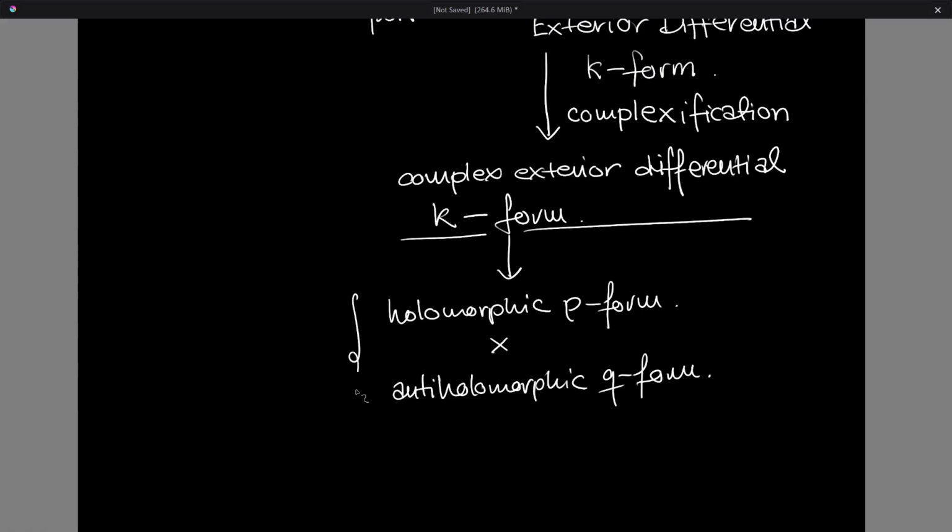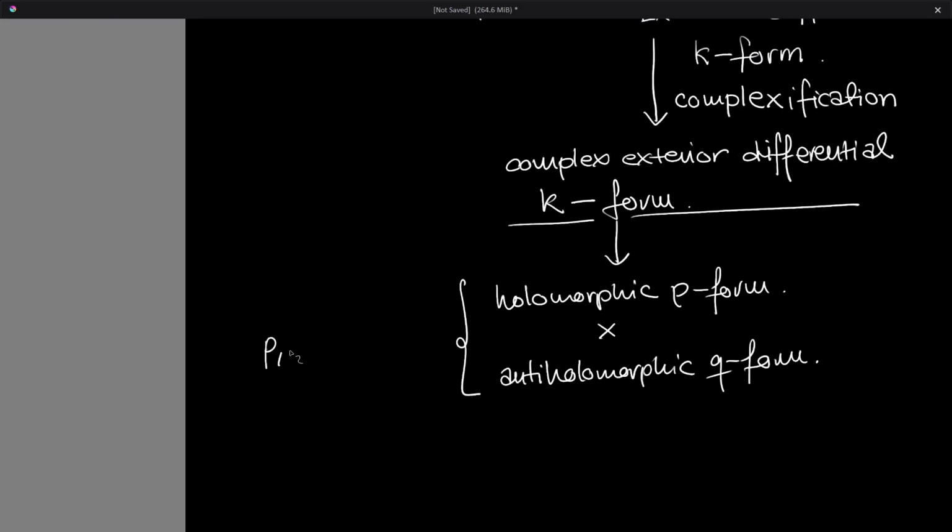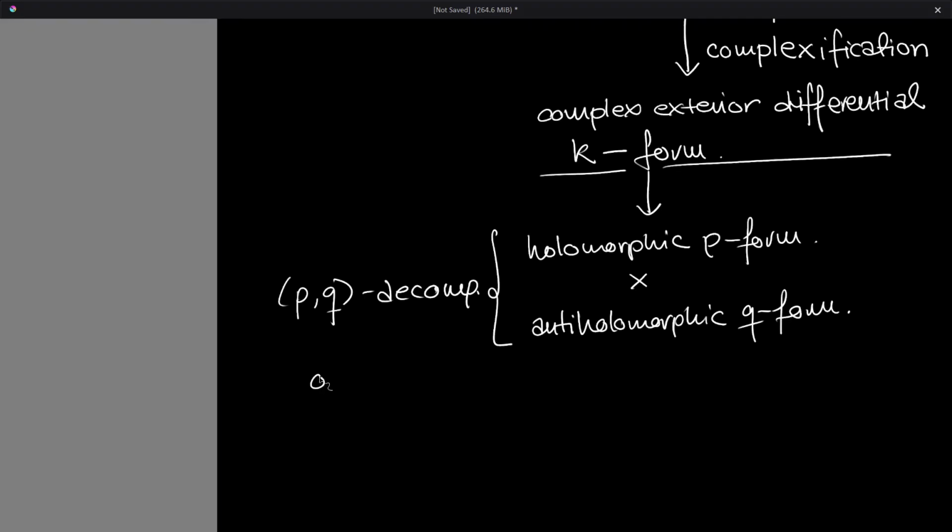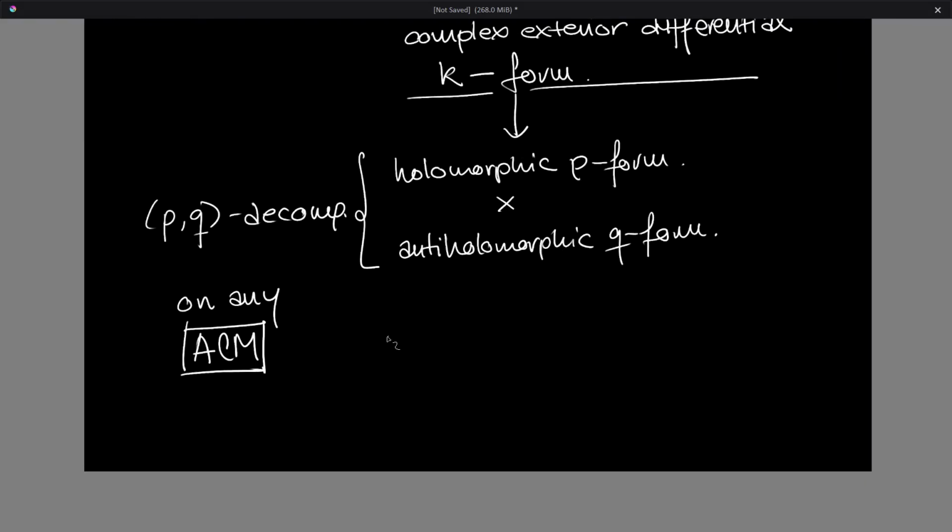And this is called PQ decomposition. It works on any almost complex manifold. That's why almost complex manifolds were so important. Even if J twiddle is not integrable, you can still do this decomposition. What you can't do on an almost complex manifold is say that D is equal to partial plus partial bar.